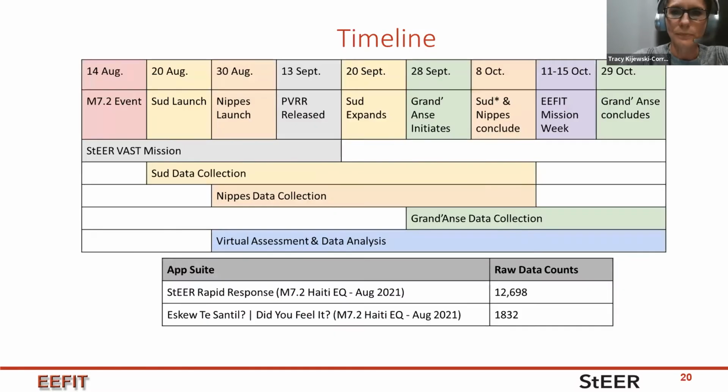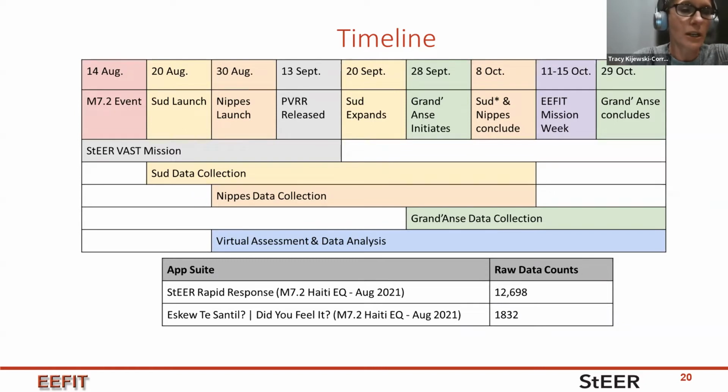Next slide. The overall effort proceeded on this timeline. So we have the event on August 14th, and we were collecting data in Sud as early as the 20th of August. And that continued to expand with a collaboration with Geohazards International, who began work in Nippes on August 30th. And we continued to push that data out and expand.